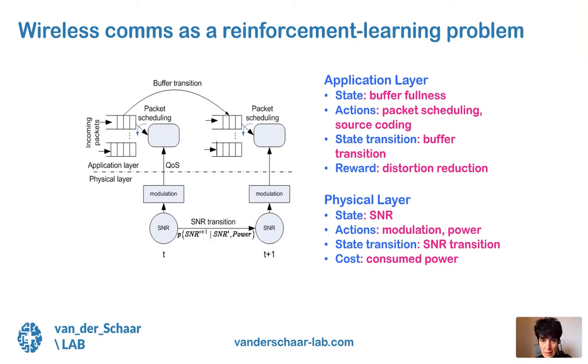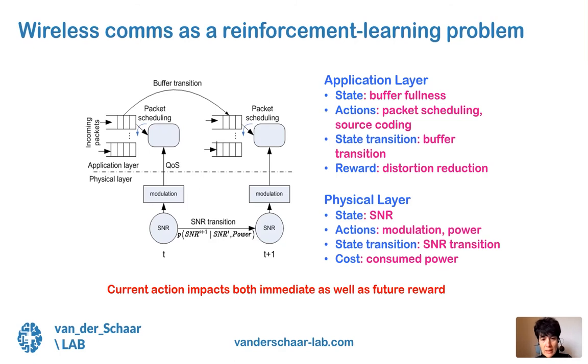Like in all reinforcement learning problems, we do not know the state transitions and we do not know the rewards. They need to be learned online. So this is not a Markov decision problem that can be solved using dynamic programming solutions, but rather a reinforcement learning problem, due to the uncertainties associated with state transitions and rewards.